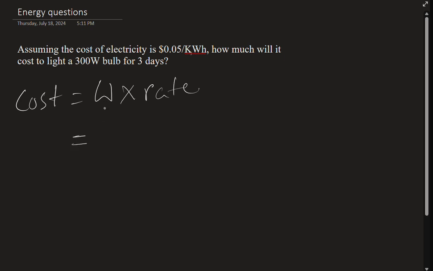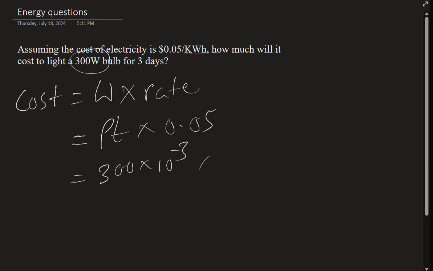Now we know that W is equal to PT times the rate, here 0.05 per kilowatt hour. Now this rate is in kilowatts, so we have to turn this 300 watts into kilowatts. That will be 300 times 10 inverse 3 kilowatts times time. Time is 3 days. We have to turn that into hours, so 3 into 24 hours, and then multiplied by rate 0.05.